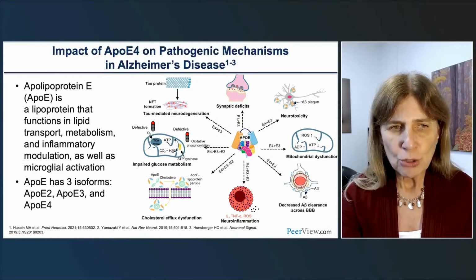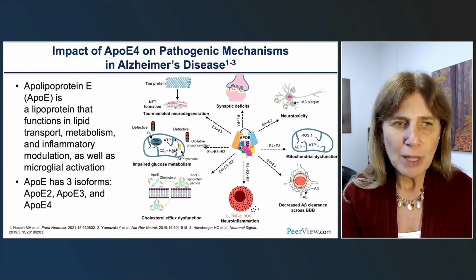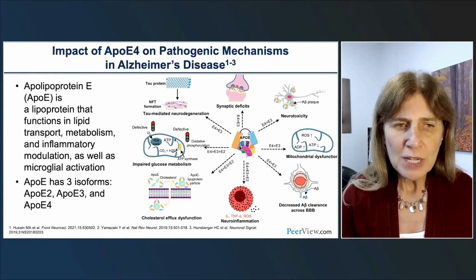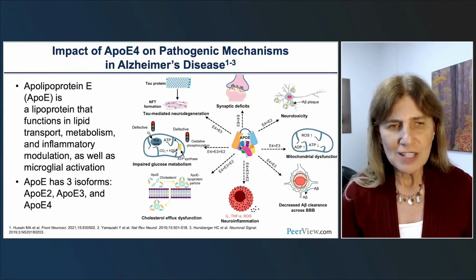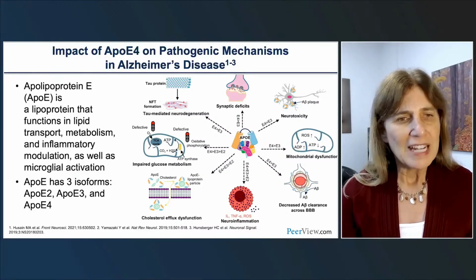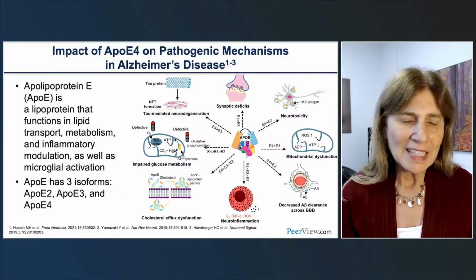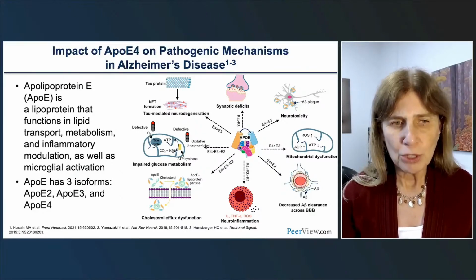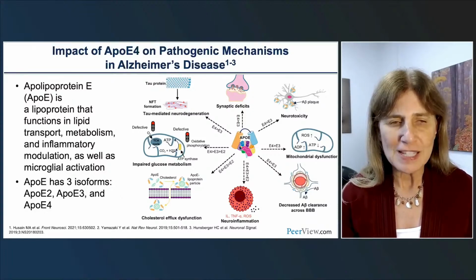ApoE is a normal gene, and the apolipoprotein comes in three isoforms. These are not mutations, they're all normal: ApoE2, ApoE3, and ApoE4. Since we inherit an ApoE allele from each parent, we end up with 2 copies of ApoE, and there are 6 possible combinations.